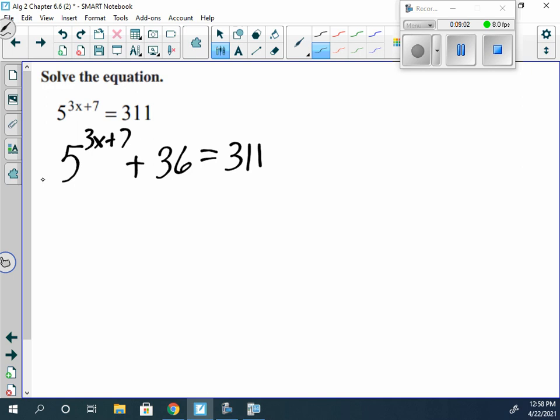I just cannot apply the log first. Because if I apply the logarithm to here first, well, it's going to trap that 36 with the 5, which won't help us too much. But is there any way that I can kind of get the 36 away from the 5? Yeah. We can subtract it.